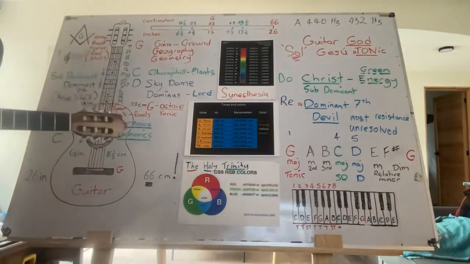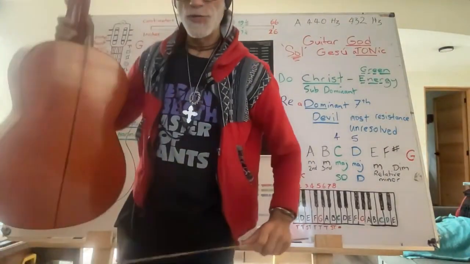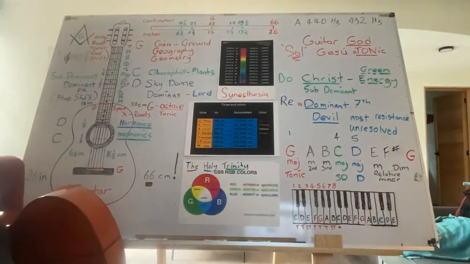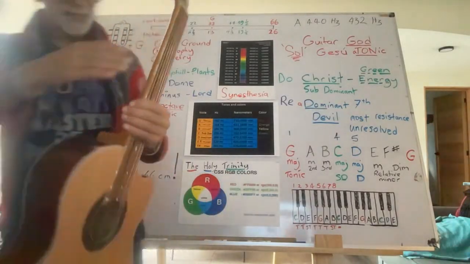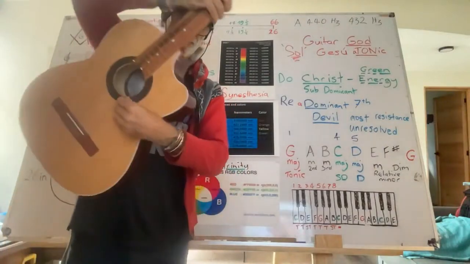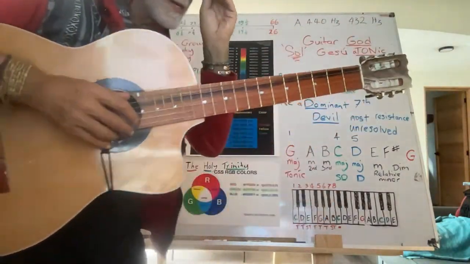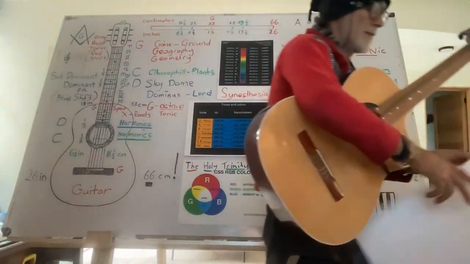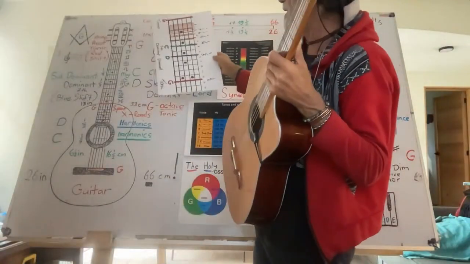All right. So let's get rid of the standard tuning guitar. And we're going to go to slide. Now, what you'll find, I showed you before that there are some other harmonics.